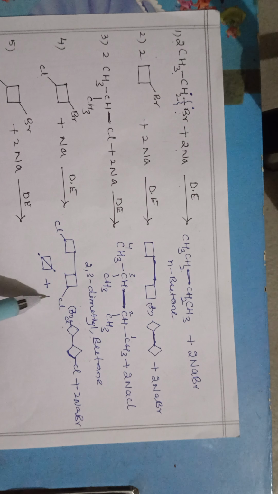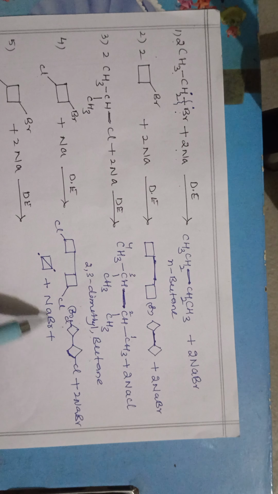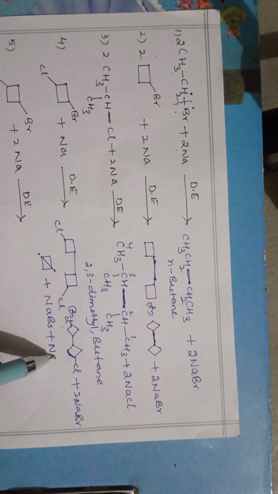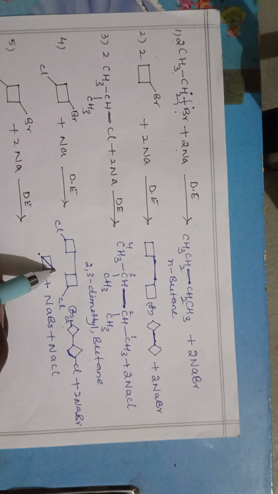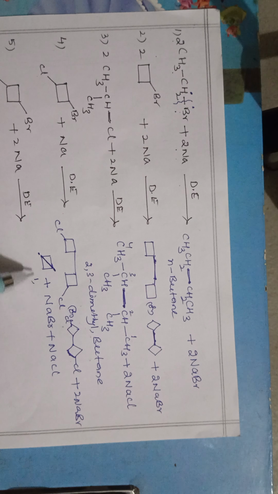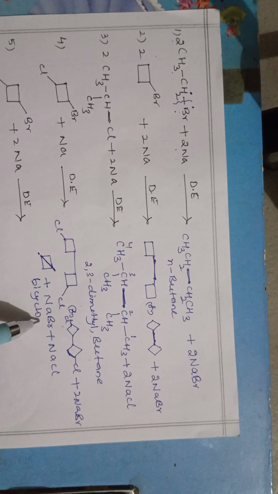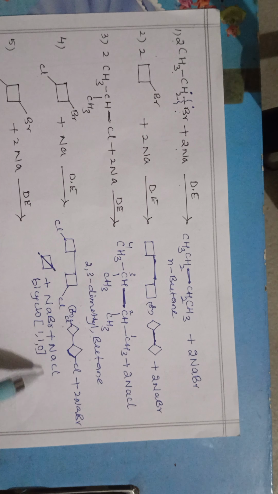We may write NaBr one time, and a second time NaCl. So we may form the bond like this. This is bicyclo[1.1.0]butane.